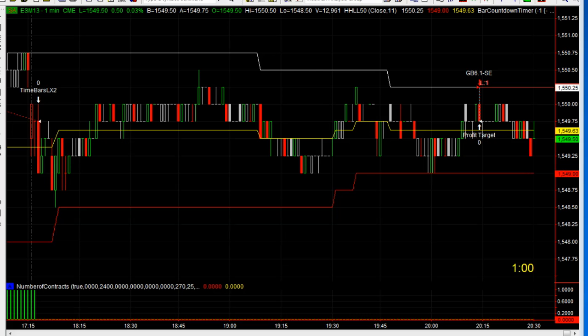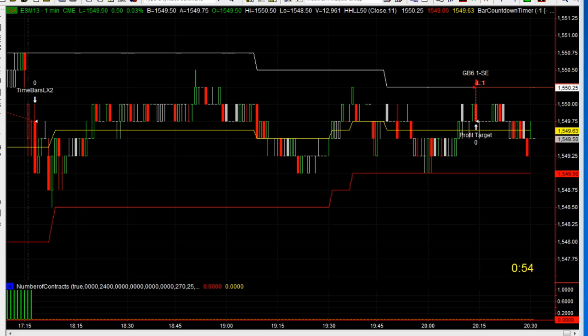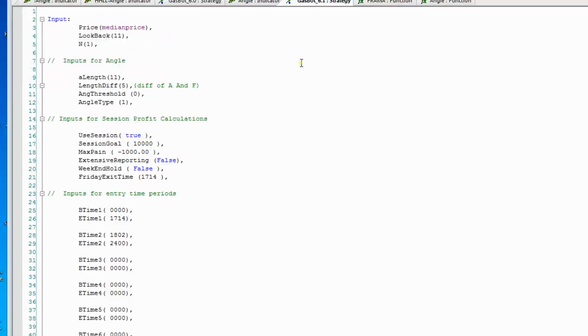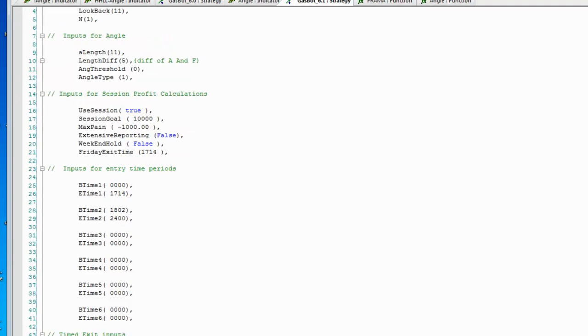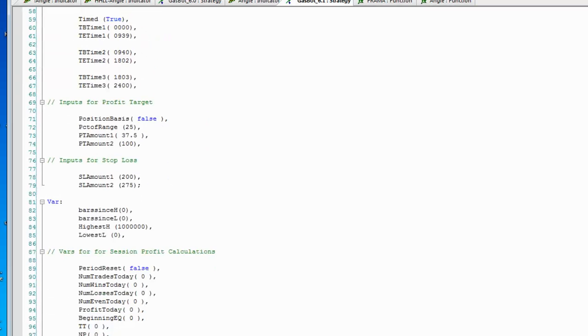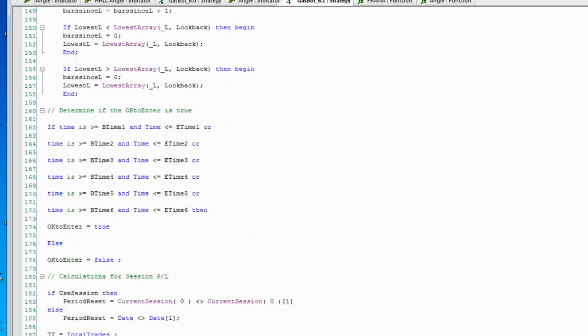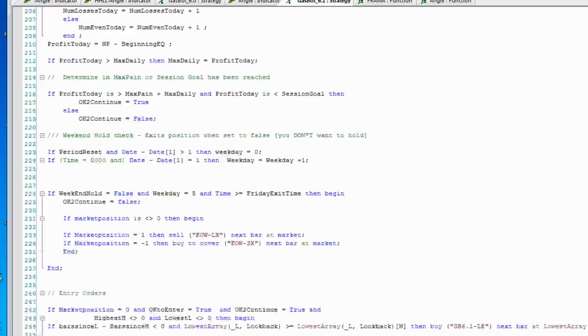I've got hundreds of lines of code in this thing now. Oh, yeah, I bet. And it's going to get more. There are some blank spaces, but I've got my inputs here. Now my variables start. Then my code starts, and it continues to run.